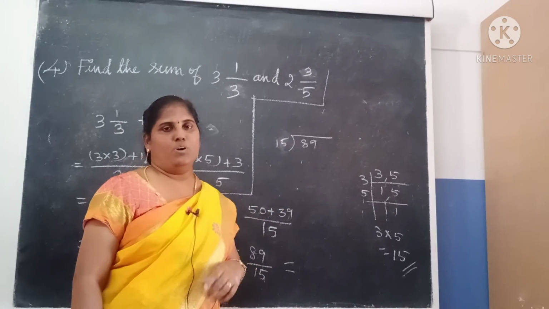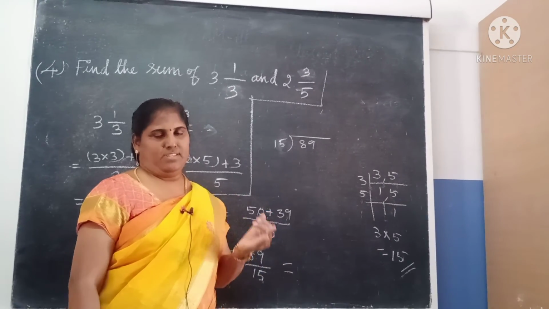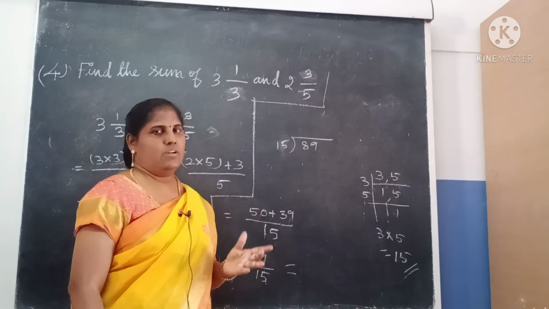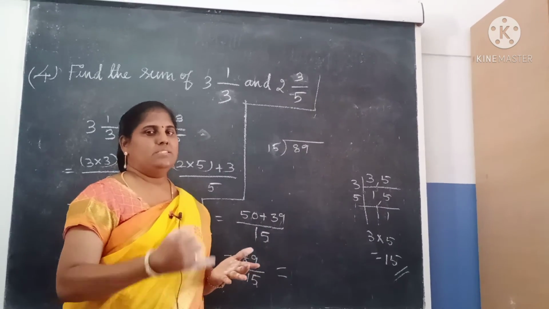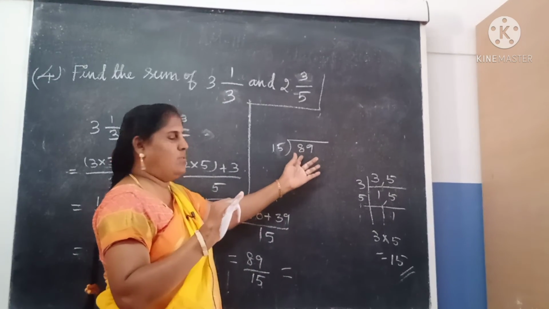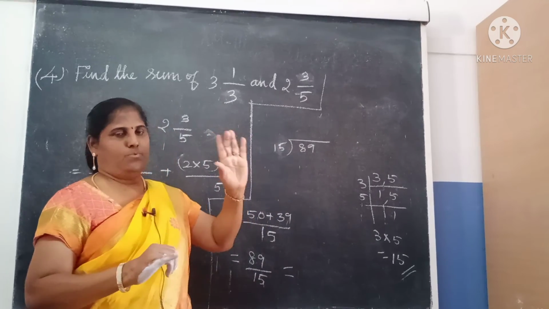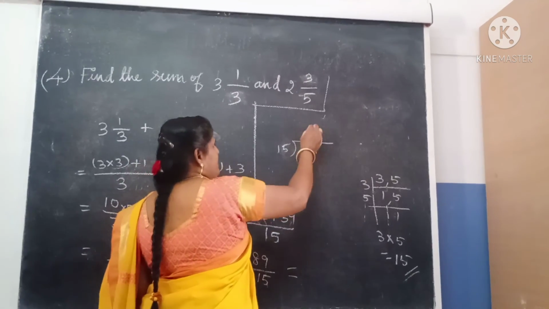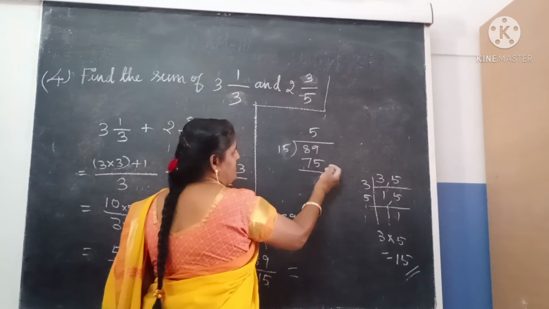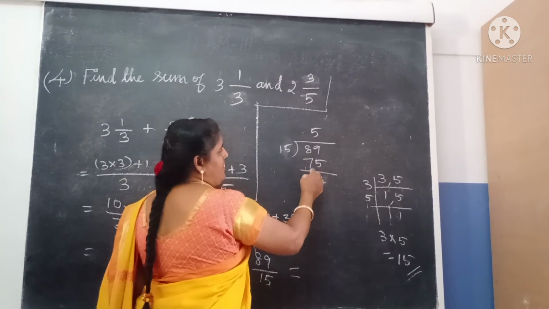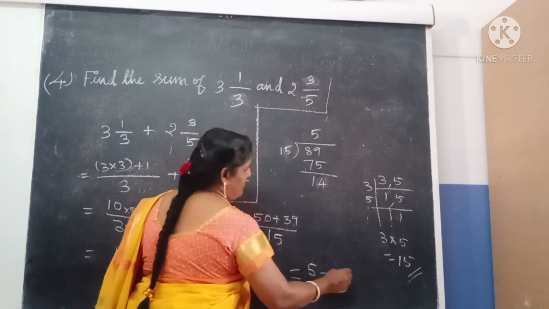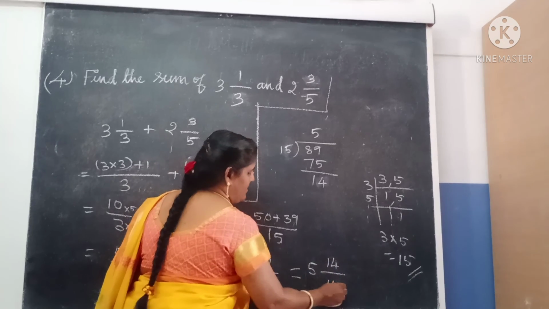Well, 1 15s are 15, 2 15s are 30, 3 15s are 45, 4 15s are 60, 5 15s are 75, 6 15s are 90. So 90 is more than 89. So you just stop at 5 times. So 5 15s are 75. The remainder, what will come? Yes, 89 minus 75, 14. So the answer is 5 14 by 15.